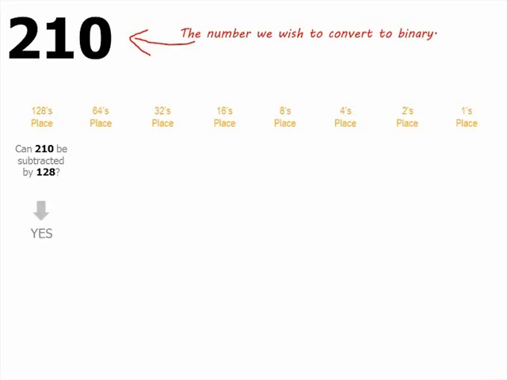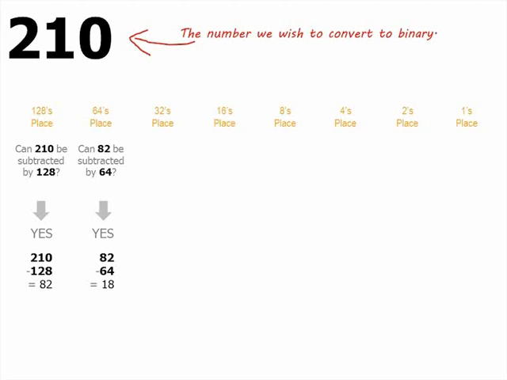And it can. Therefore, you subtract it and you're left with the number 82. Then move to the 64's place. Can 82 be subtracted by 64? Ding, ding, ding. You win again. Yes, it can. So you subtract that, and you have the number 18 left.